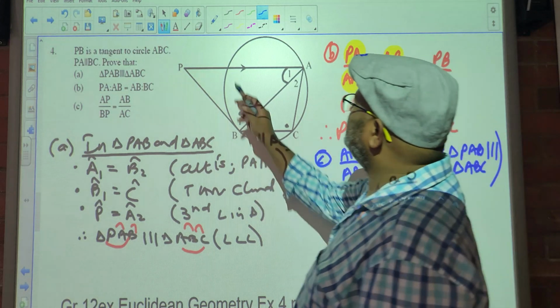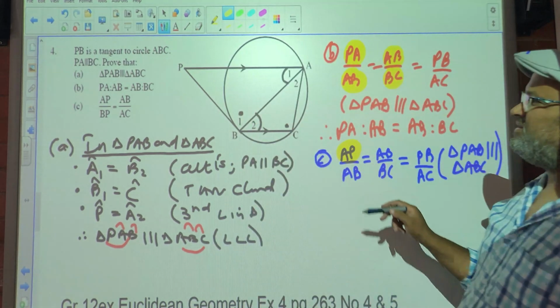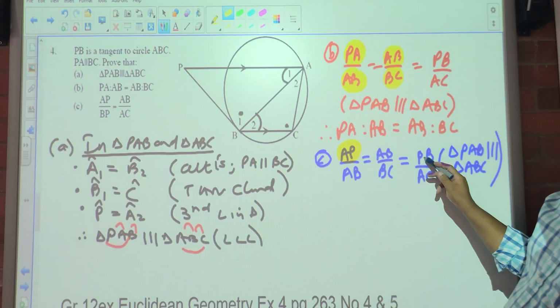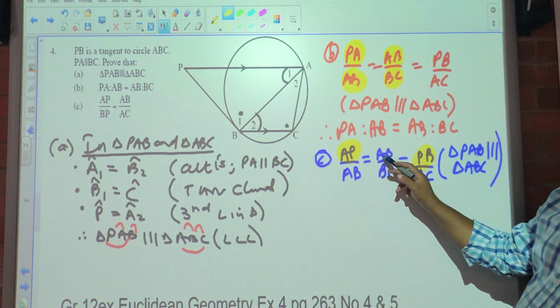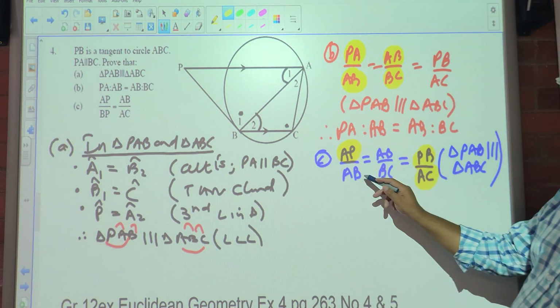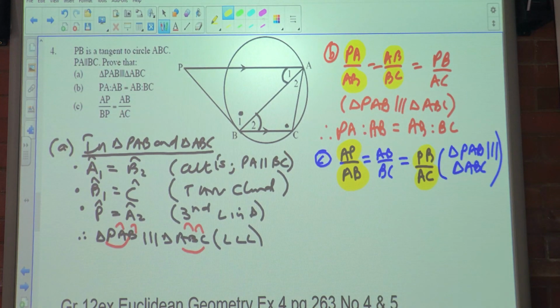Right, so what do they want? They want AP, BP, AB. Now you see there's two ABs. So let's see what is the other one? AC. So that is the AB they're referring to. You see how I chose that one now?